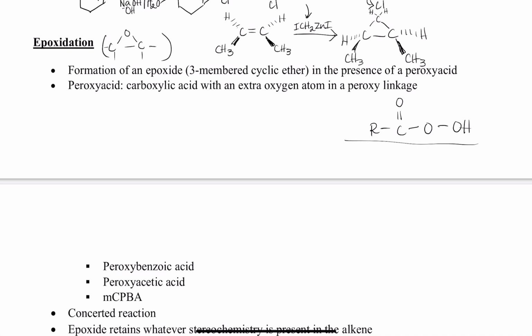Some examples are peroxybenzoic acid, peroxyacetic acid, or MCPBA, metachloroperoxybenzoic acid. But what you really want to look for is this 3 oxygen linkage right here. In a condensed formula, that's what you would see. 3 oxygens, that should be a dead giveaway. This is a peroxy acid.